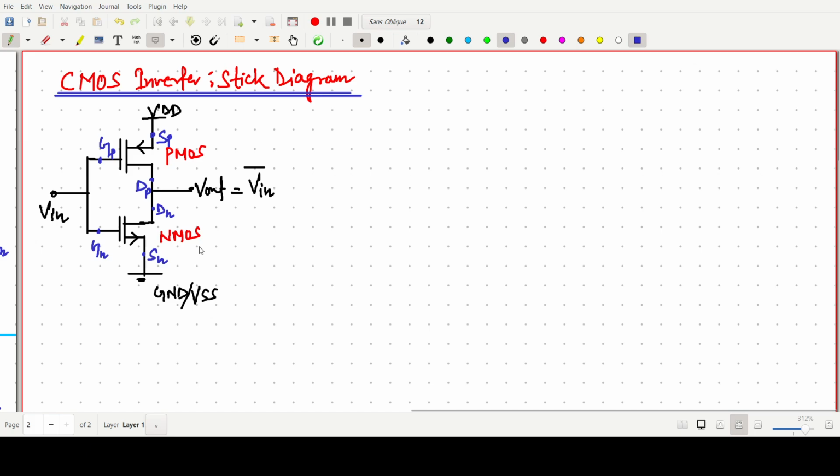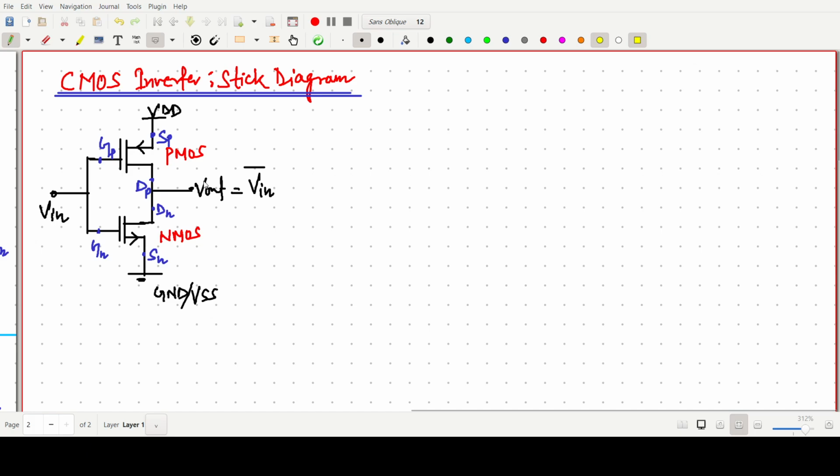So the very first thing in any stick diagram: first we have to make a PMOS and NMOS. First make a PMOS. For the PMOS, fundamentally we have to draw the stick representation.